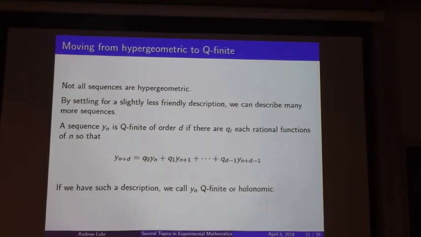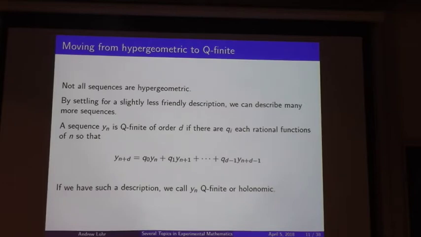In particular, products of holonomic sequences, or products of Q-finite sequences, are also Q-finite, and the products of their generating functions are also the generating function of a Q-finite thing, which gets you that for all of these sums, there will be some Q-finite recurrence, but we don't really have a way of bounding how much this D is going to be growing under these closure properties.